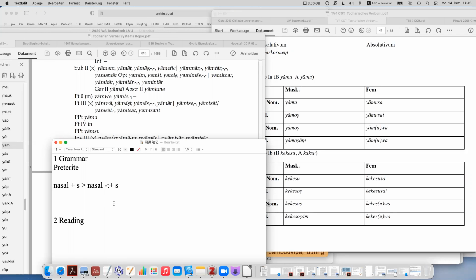So if I write it like this, if you have an NS, you usually have an NTS in between. So this is a regular sound change. It applies also for M. So if you have MS, then you will have an MTS. This is a regular sound change.